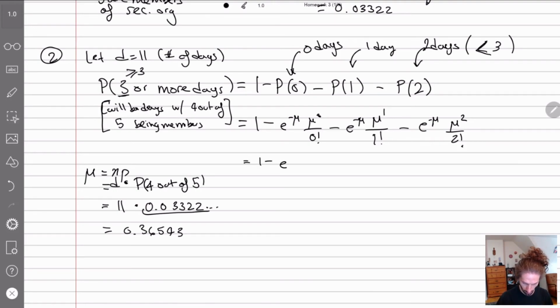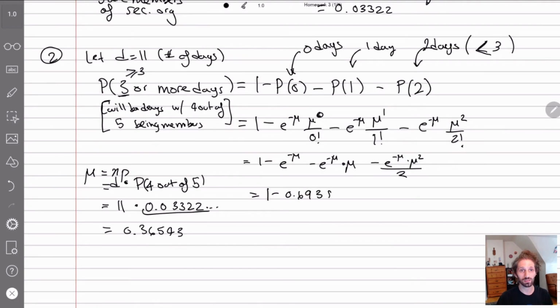Let me make this a little easier. Mu to the 0 is 1, 0 factorial is 1. Mu to the 1 is mu, 1 factorial is 1, so I'll just multiply by mu, and then minus e to the minus mu times mu squared over 2. Here you just plug in, and what I ended up getting are these numbers.